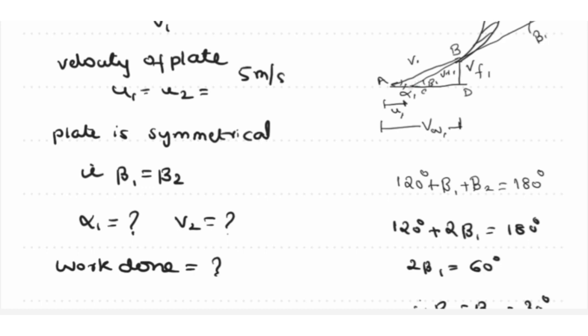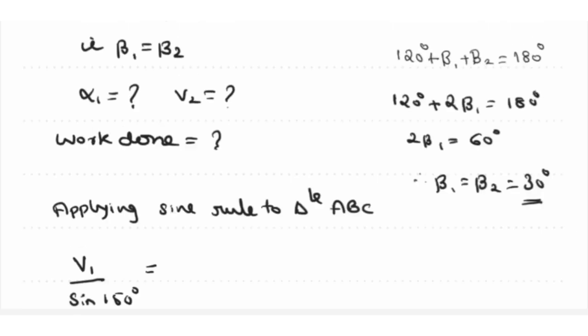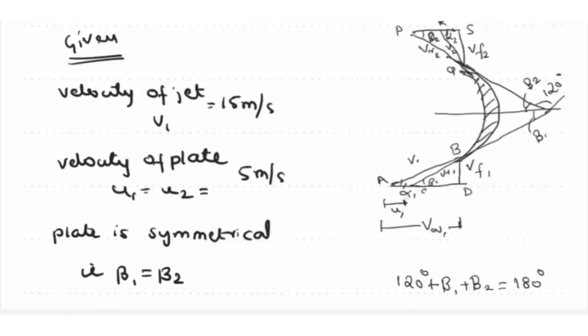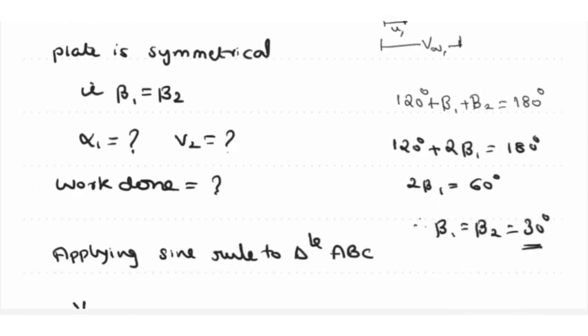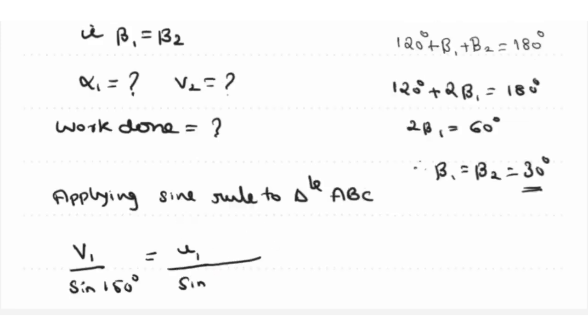So now this angle will be 180 minus 30. So angle ACB will be equal to 180 minus beta 1. Beta 1 is 30. So 180 minus 30 is 150. So that is equal to sine of 150 degree is equal to, similarly we know U1 value. So U1 divided by sine of angle ABC.